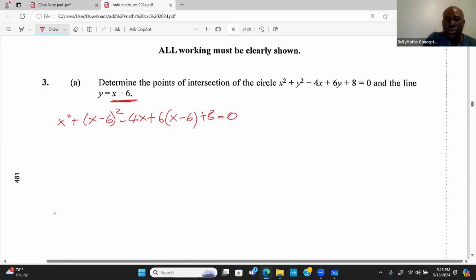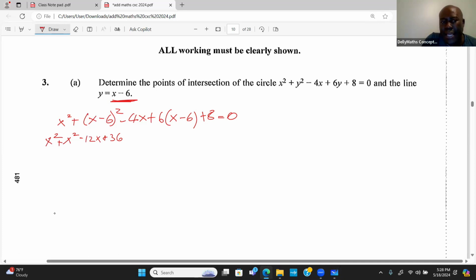So let us keep working. When we square this binomial, we get x squared minus 12x plus 36. Square the first term, x, you get x squared.